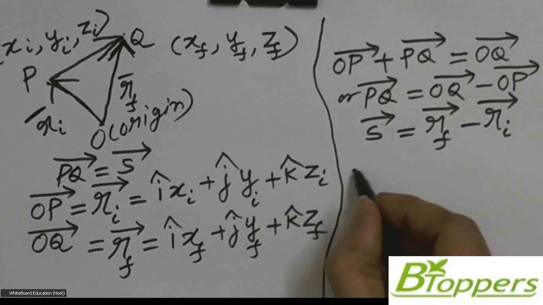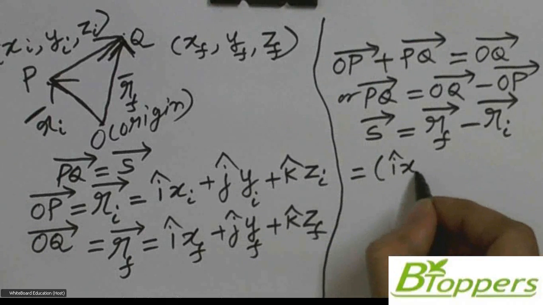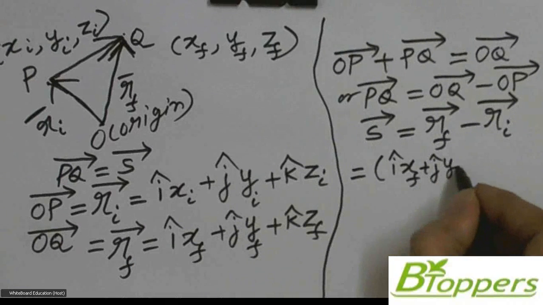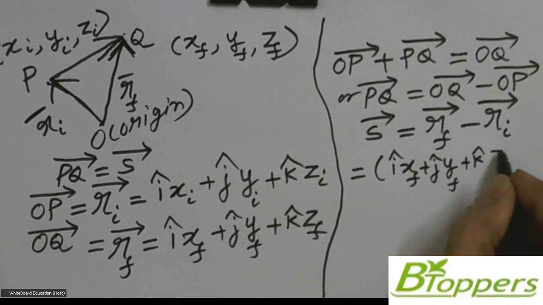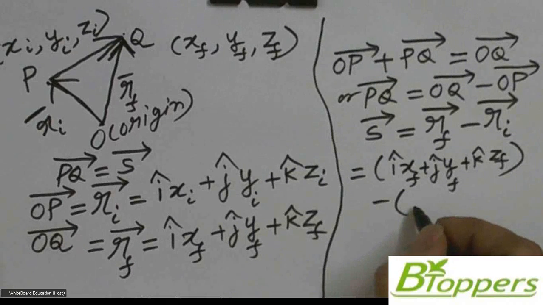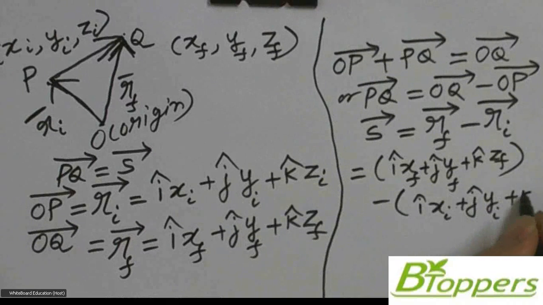Now RF bar can be written as i cap into xf plus j cap into yf plus k cap into zf. And RI bar can be written as i cap into xi plus j cap into yi plus k cap into zi.